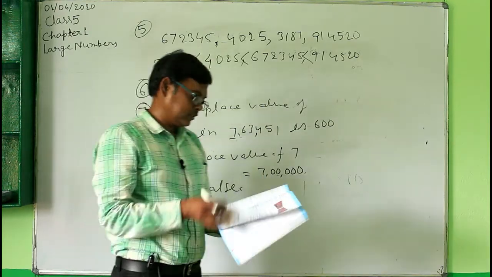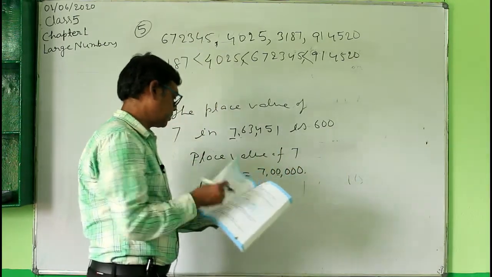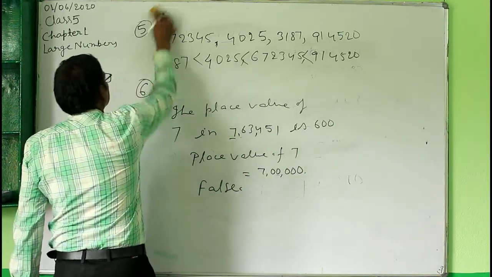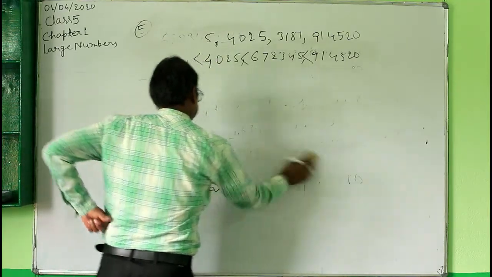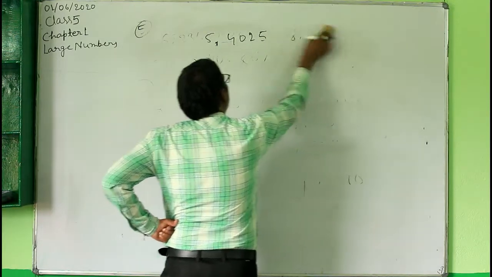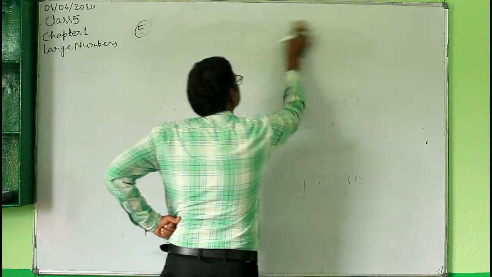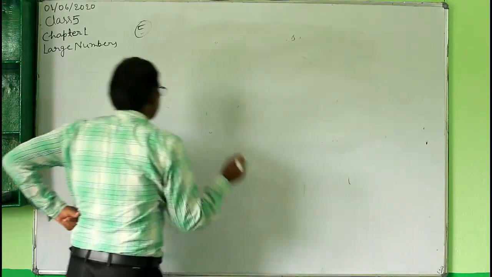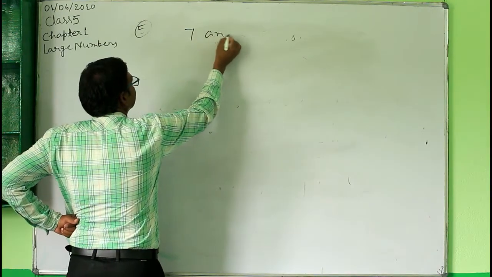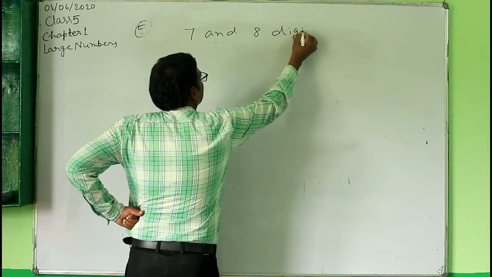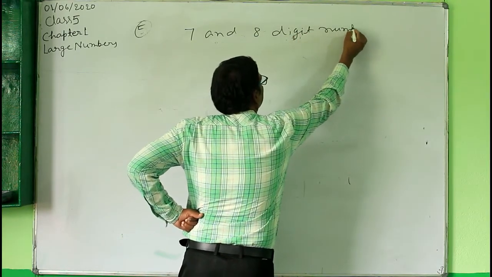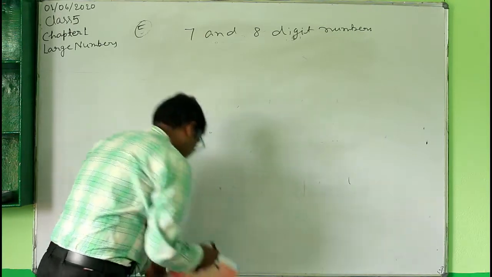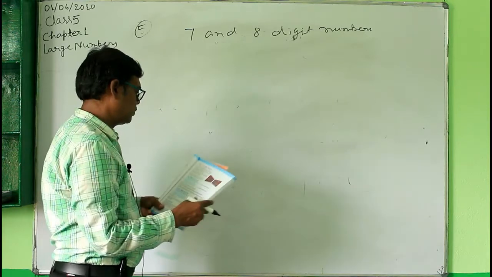Now I will move on to the next exercise, that is the large numbers of 7 and 8 digits. So this is the large number of 7 digit and 8 digit here.